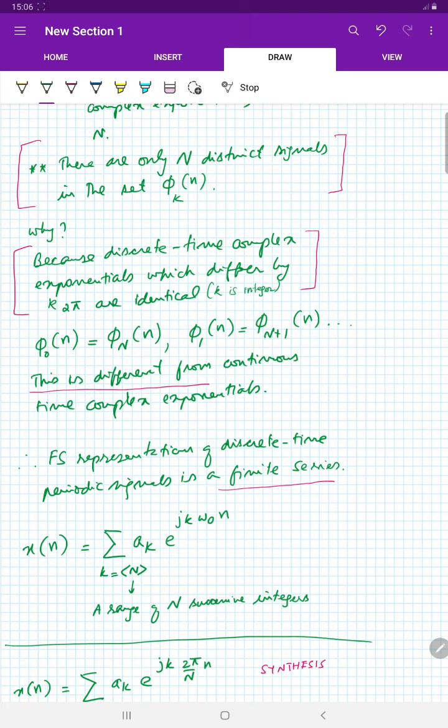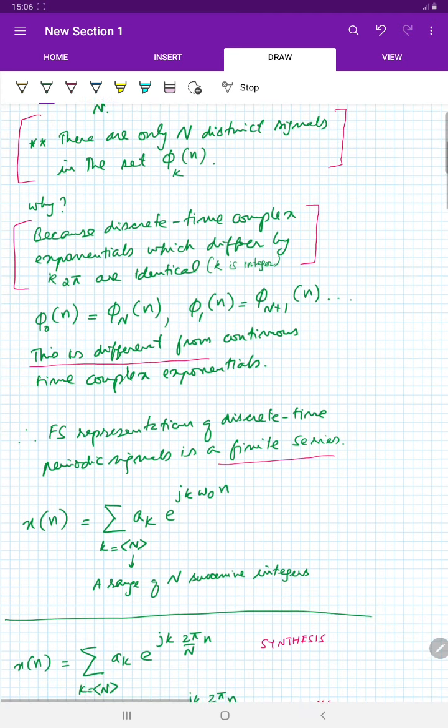That means phi 0 is equal to phi N, and phi 1 is equal to phi N plus 1, and so on. This is just like the circular indexing in Python arrays, something similar to that. This is the main difference from the continuous time complex exponentials.